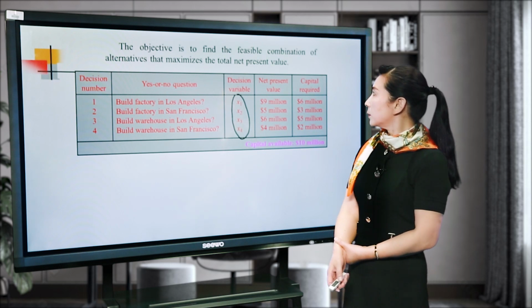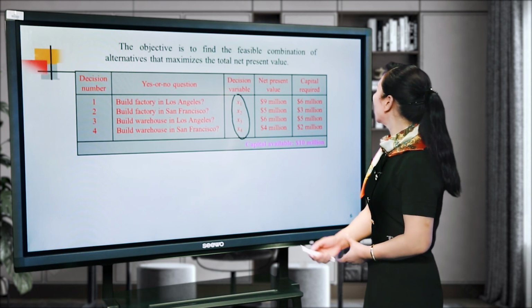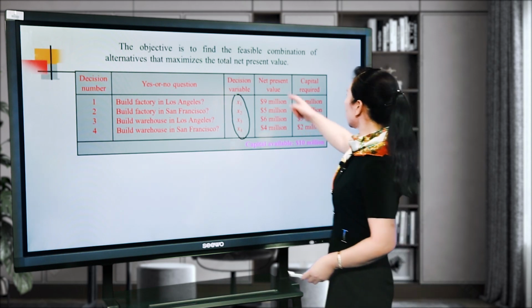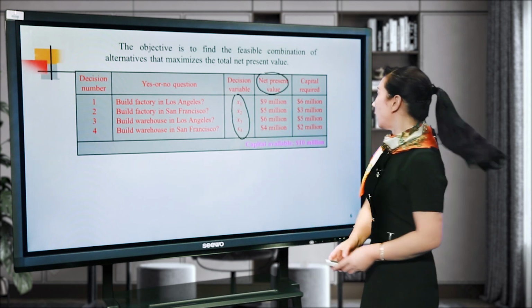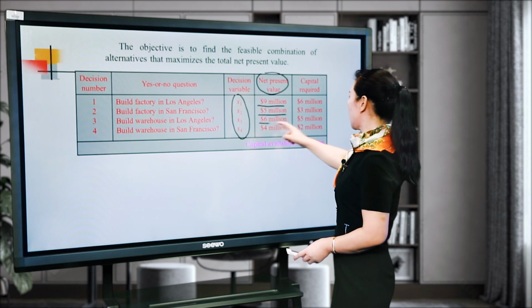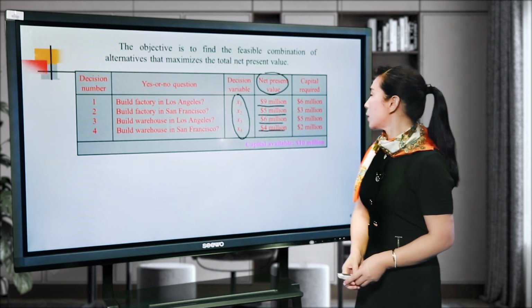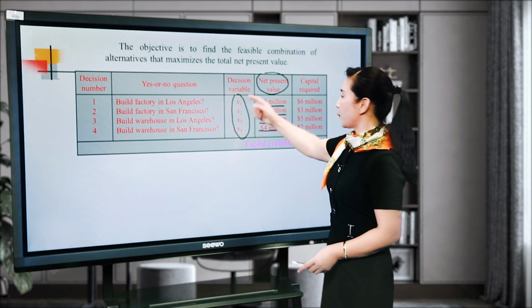Now we write the objective function. The objective function is to maximize the net present value. This is each project's net present value, so we multiply these numbers by these variables.